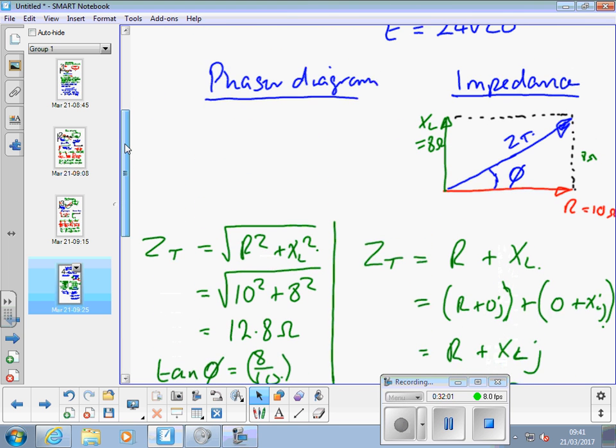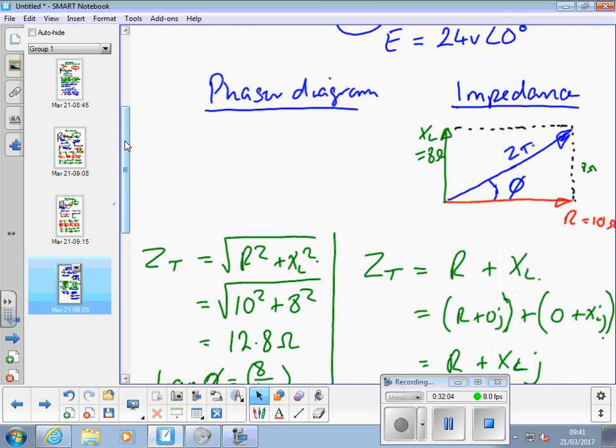So if we go back up here to this space that I left, we've got a voltage E. IR, the current in the resistor, is in phase with the voltage.